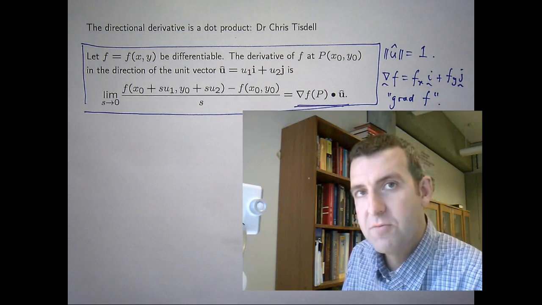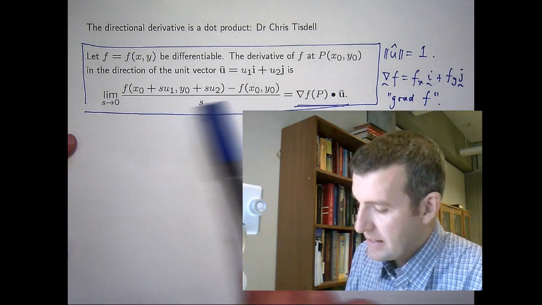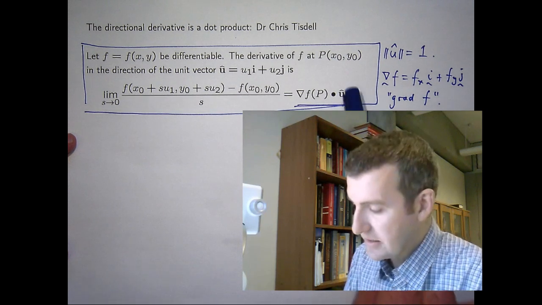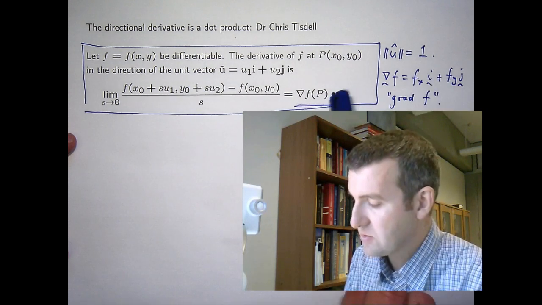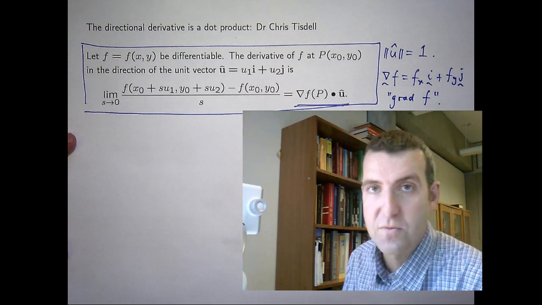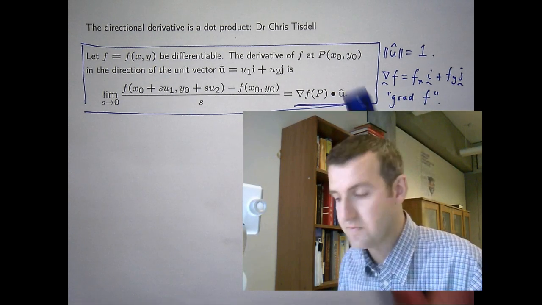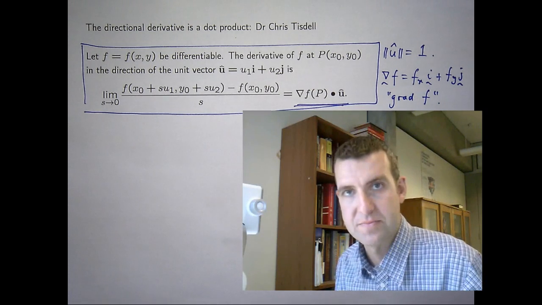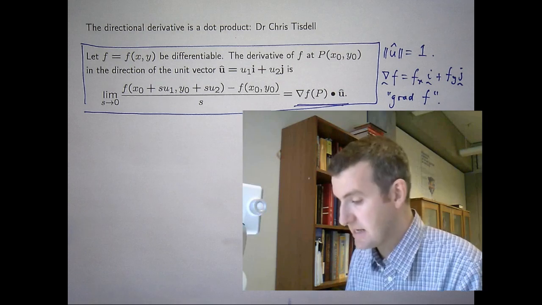Now firstly, why would we want to do that? Well, this limit may not be so easy to calculate. Whereas it's very easy to calculate the partial derivatives and take a dot product. So from a computational point of view, what we would like to do is use this right hand side wherever possible. Okay, so let's have a look at the proof.